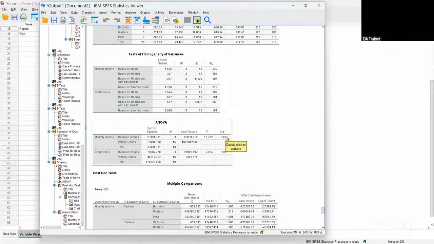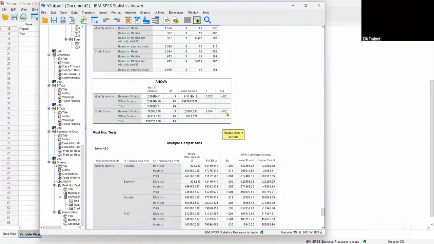The same thing regarding credit score, 0.01, less than 0.05. Even the degrees of freedom are there. You can now agree that monthly income determines credit score, as well as being a determinant factor to educational levels.